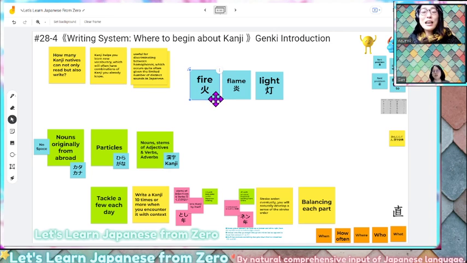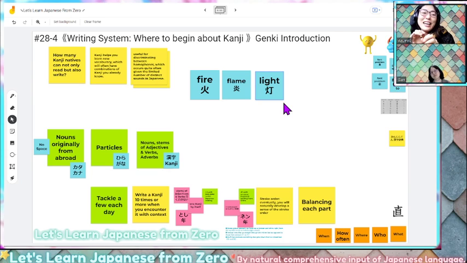But with kanji, you see, this is a combination. If you know this one shape, you can easily see the combination. For example, flame consists of two fire shapes. Light consists of one fire shape and something else. So it's like a kind of puzzle.